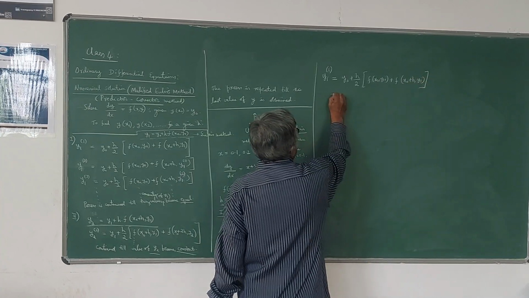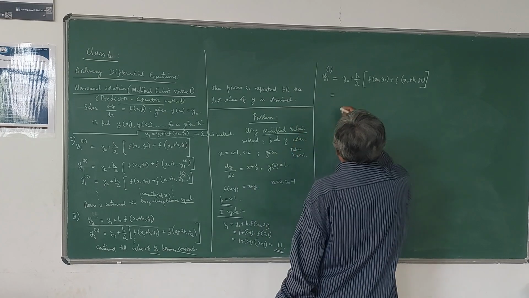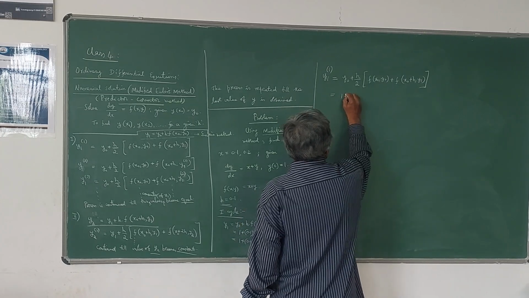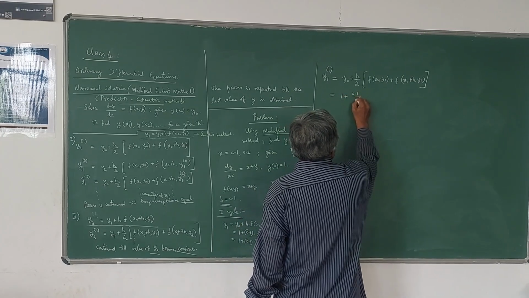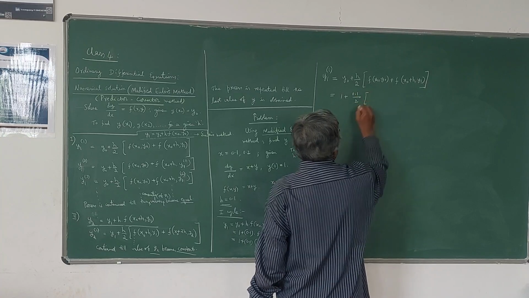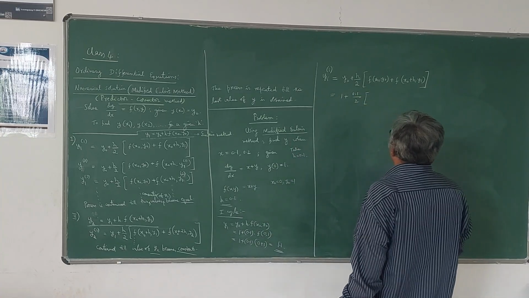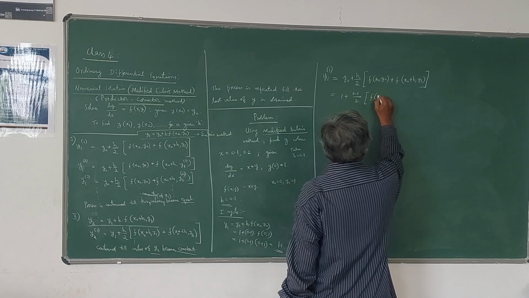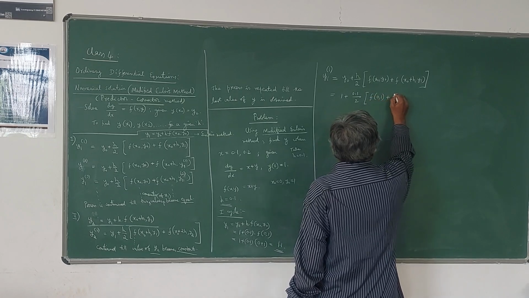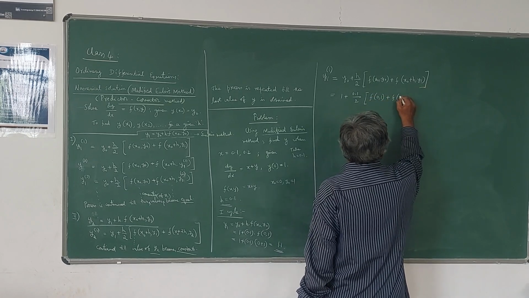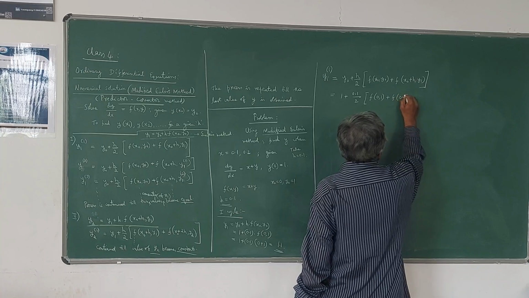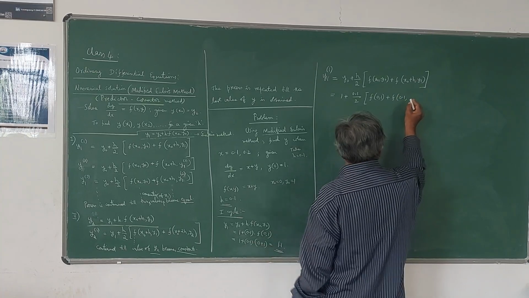Okay, now let us substitute these things here. y0 here is 1 plus h is 0.1 divided by 2 into f of x0 comma y0, so f of 0 comma 1, plus f of x0 plus h, that means 0 plus 0.1, that is 0.1, and y1 is this value, 1.1.